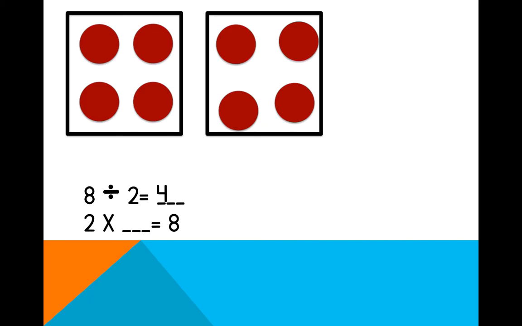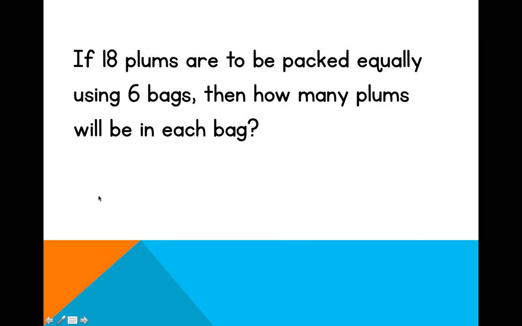Well, I know that's 4. 2 times 4 is 8, so 8 divided by 2 is 4. I can use multiplication and division's relationship to solve that problem. Let's try a different one.